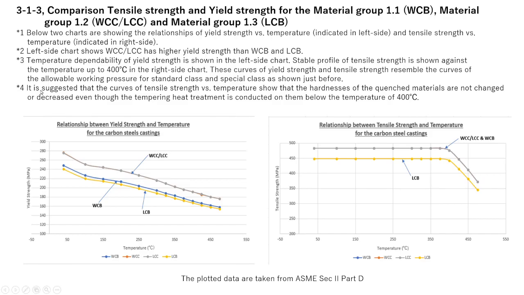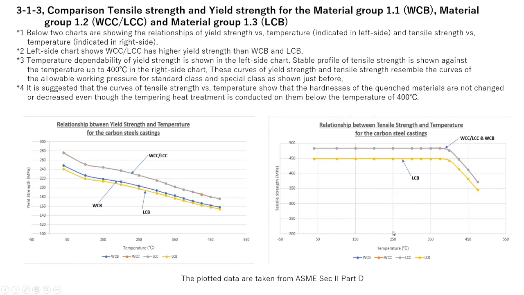So it is suggested that the curves of tensile strength versus temperature show that the hardnesses of the quenched materials are not changed or decreased, even though tempering heat treatment is conducted on them below a temperature of 400 degrees Celsius. The tensile strength is stable, not changing, and equally the hardness is not changing.